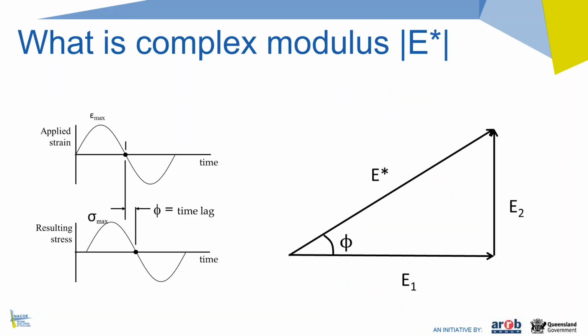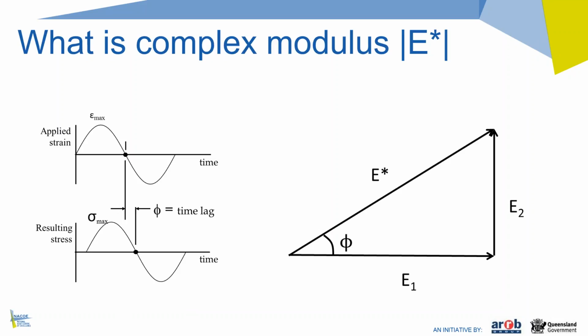This slide goes into a little bit of detail of what it is we're measuring, and I've included it because people may get confused on the difference between flexural stiffness and the complex modulus, or the E-star that you see pop up in papers here and there when people talk about fanciful things like master curves. The main difference is that the flexural stiffness is defined as the maximum stress over the maximum strain, whereas the complex modulus actually takes into account the time lag or the viscous behavior of the material.